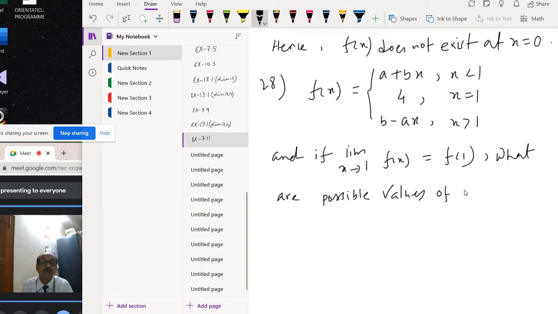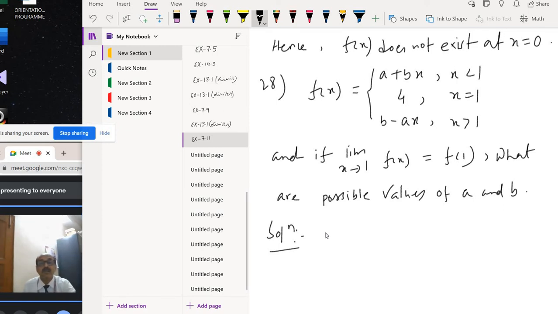So it is given limit x tends to 1, f(x) equal to f(1), and f(1) equal to 4.